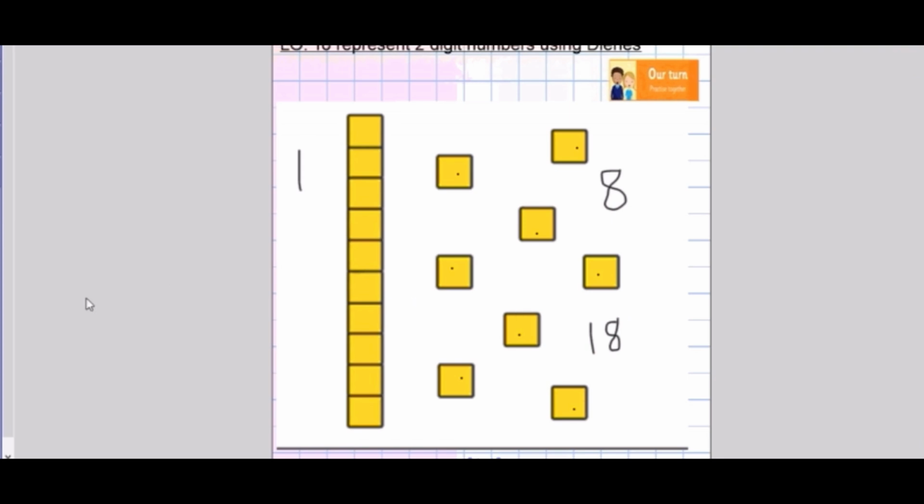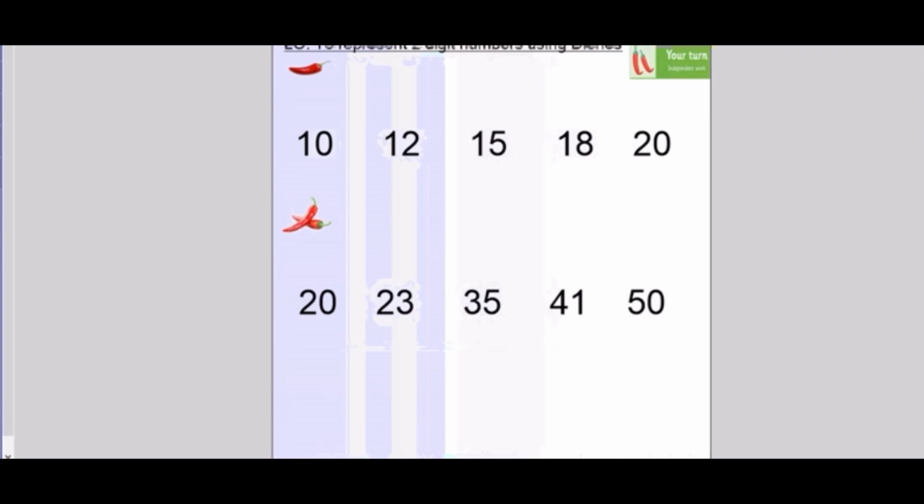Brilliant work, guys. Now for your chilli challenges. So, chilli 1 and chilli 2. There are some numbers here. Now I know you haven't got any Deans at home, but that's okay because you can use things around the house that you already have. Here's some of my examples.